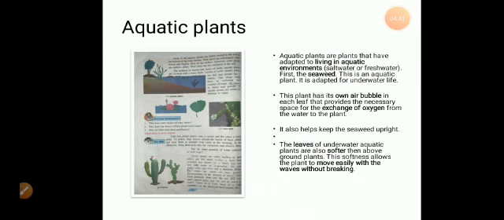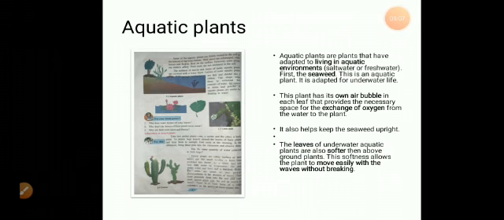Now, you must have visited various water bodies such as the river, the brook, the pond, the lake. What is the difference you observe in the terrestrial and the aquatic plants? Some aquatic plants are firmly rooted in the soil at the bottom of the water bodies, whereas some are submerged, while the leaves and the flowers float on the surface.